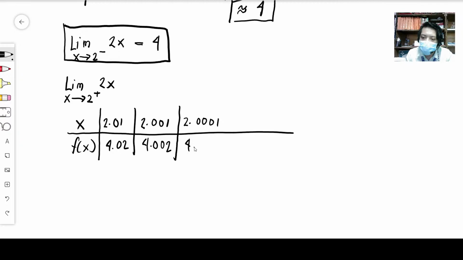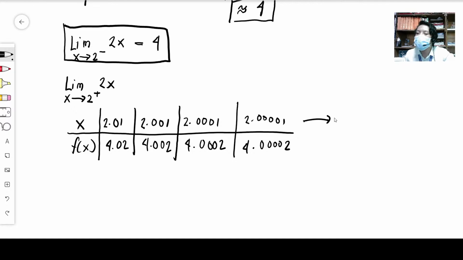This is 4.0002. Then 2.00001 gives 4.00002. So if you continue the table of values as x gets nearer and nearer to 2 coming from the right, then eventually your value of f of x will approach 4.